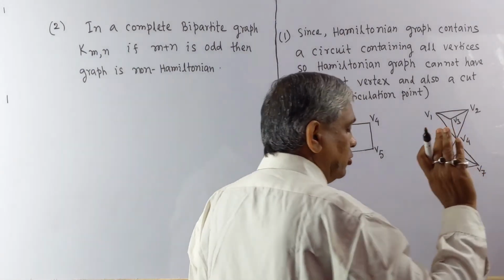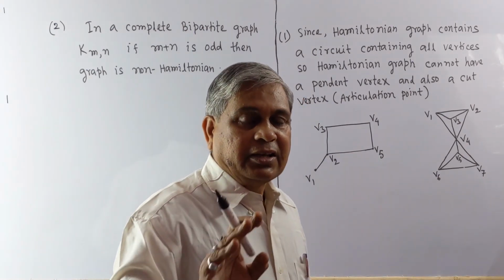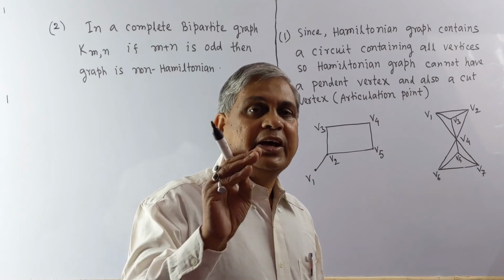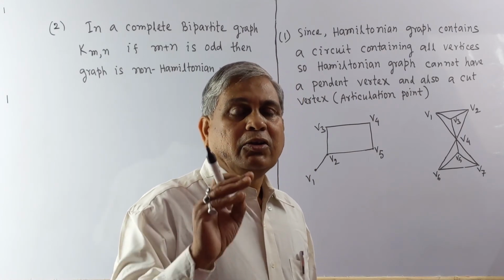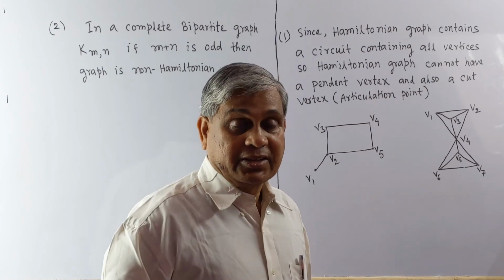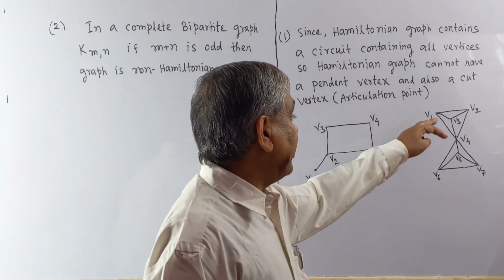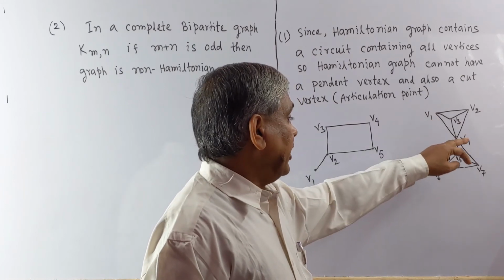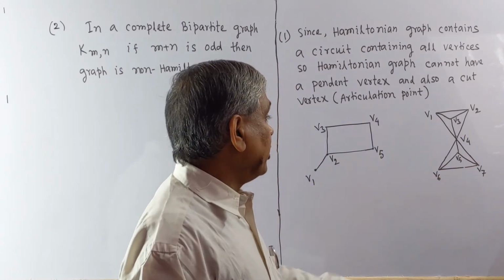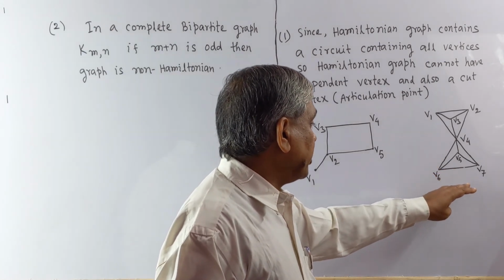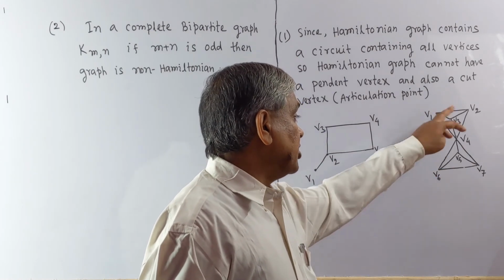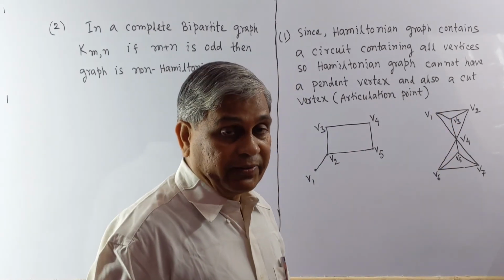So we may not get the Hamiltonian circuit, because in a Hamiltonian circuit no vertex is repeated except starting and end vertex. Here starting vertex is V1 and V4 is not the starting vertex. Therefore we do not get a Hamiltonian circuit in this case. So this graph will not be a Hamiltonian graph.